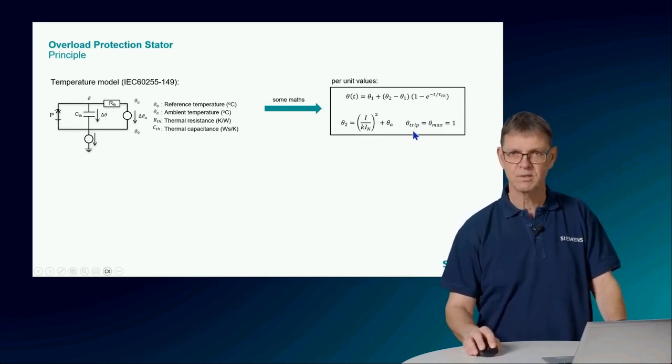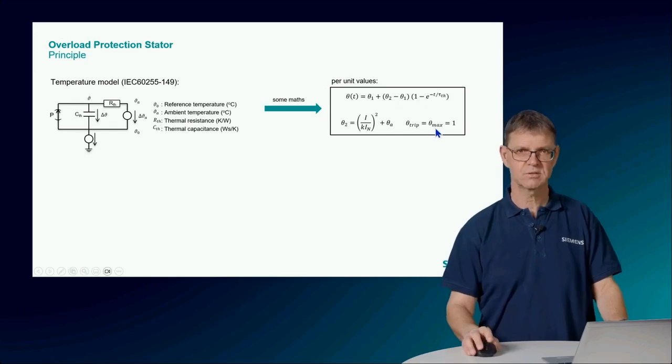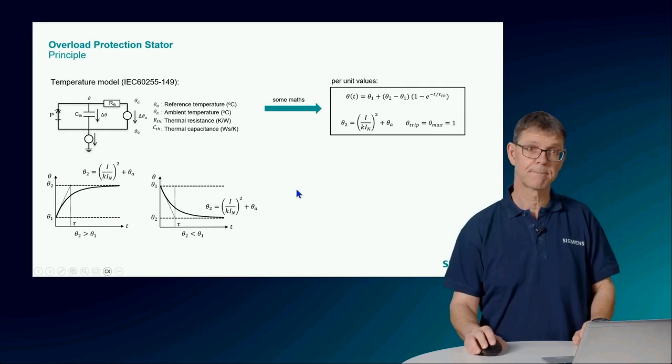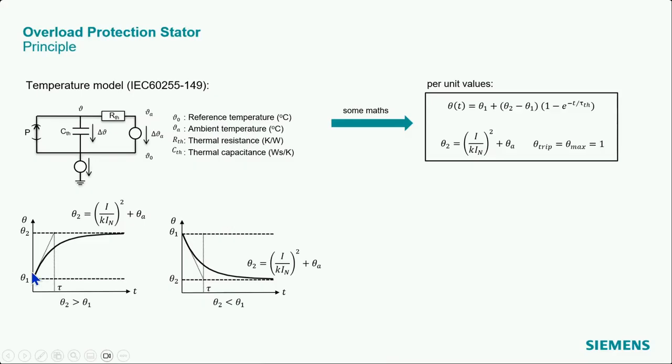And we trip when the maximum temperature is reached. And since we use standardized values, this is 1. So the reaction on a current change can be either the temperature going up or going down. Basically, it's the same description mathematically.